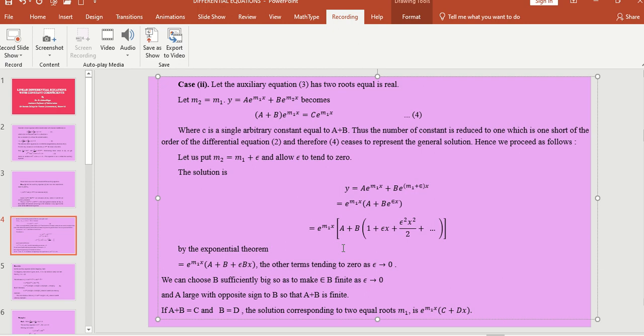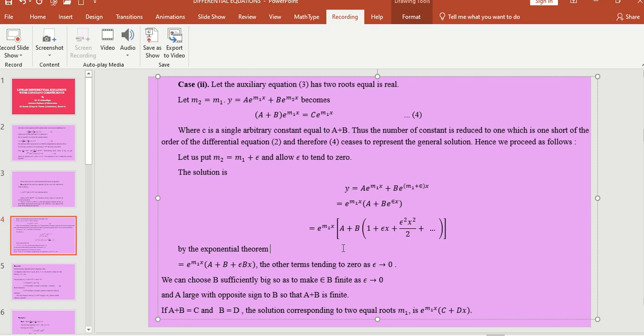Now when epsilon tends to 0, the other terms tend to 0, so we have a plus b plus b epsilon x. Now we can choose b sufficiently big to make b epsilon finite as epsilon tends to 0, and let a be large with the opposite sign to b so that a plus b is finite.